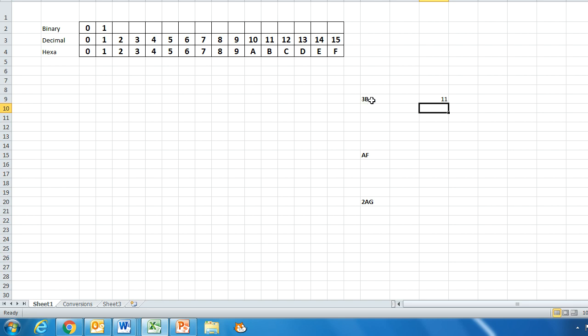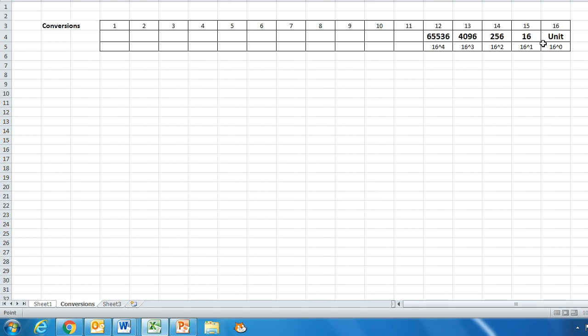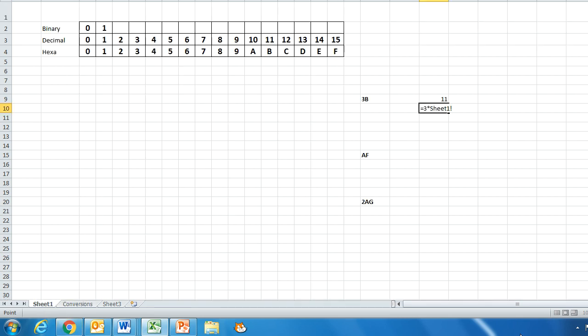But the second one to the right is 3, so we will have it 3 times, and as you can remember, if we go back to this conversion, the second to the right is 16 to the power of 1, which is 16.